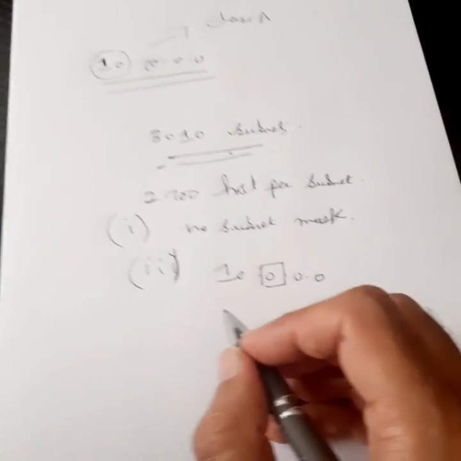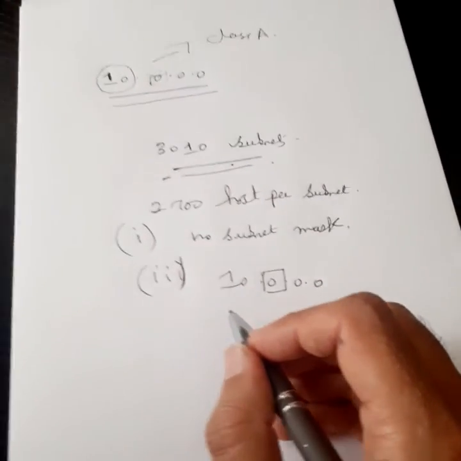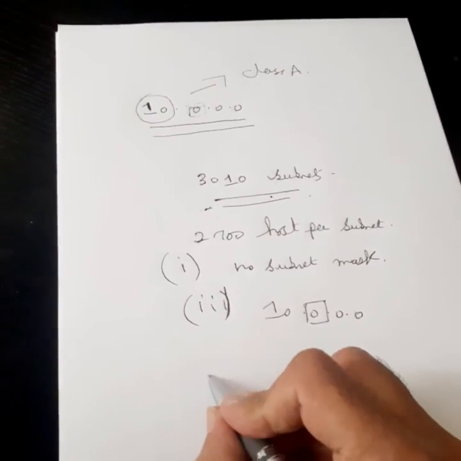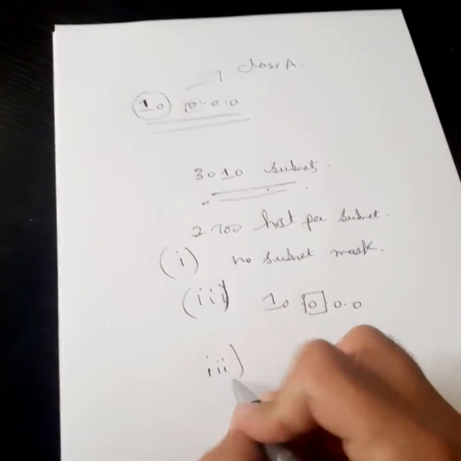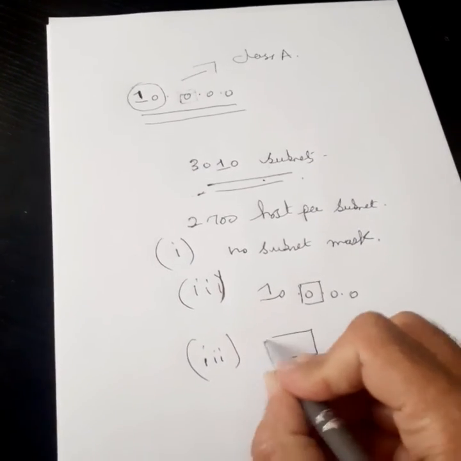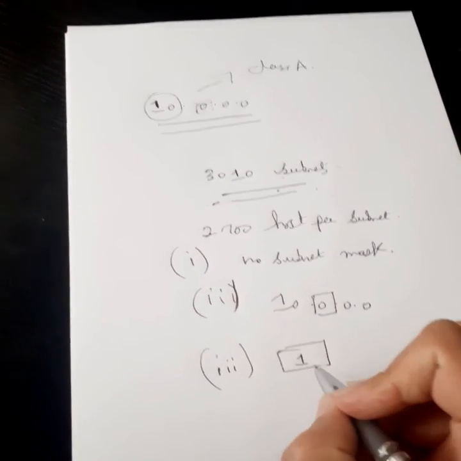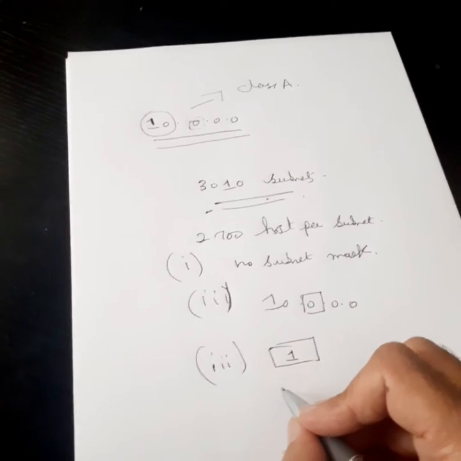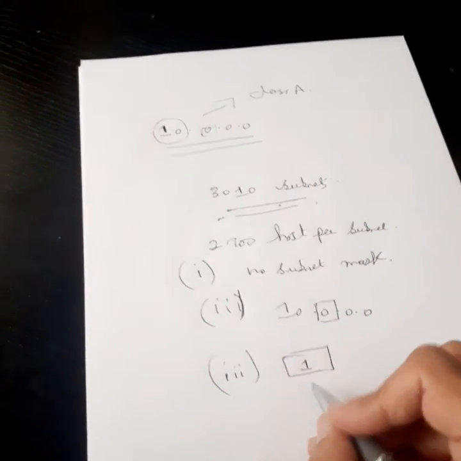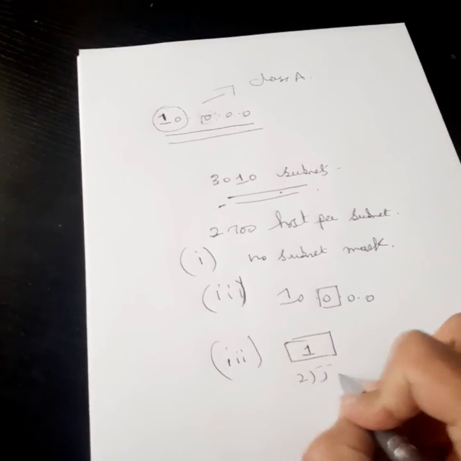Now imagine this, that we assume the second octet as 1. True? If I say second octet as 1, it will actually mean that it's going to be 255.